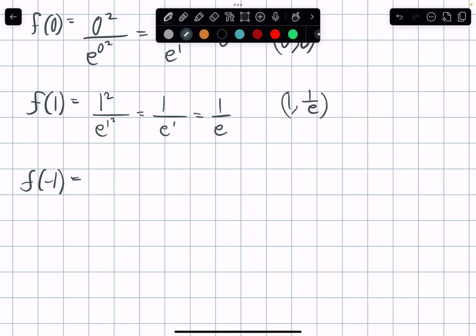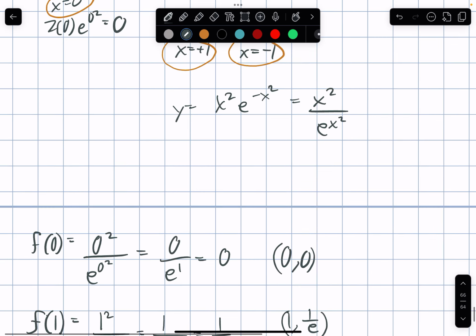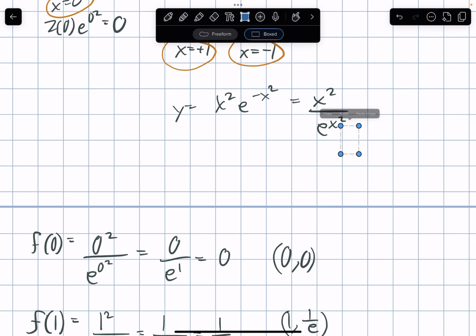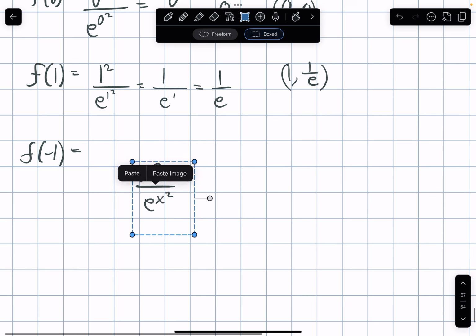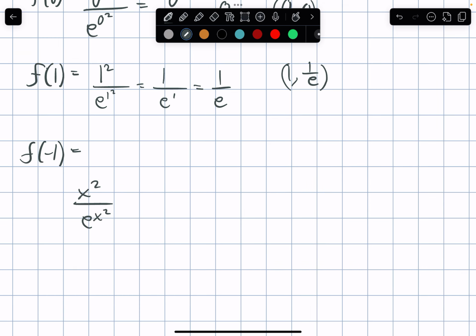How about f of negative 1? So negative 1 squared over e raised to x squared, 1 over e, same thing.